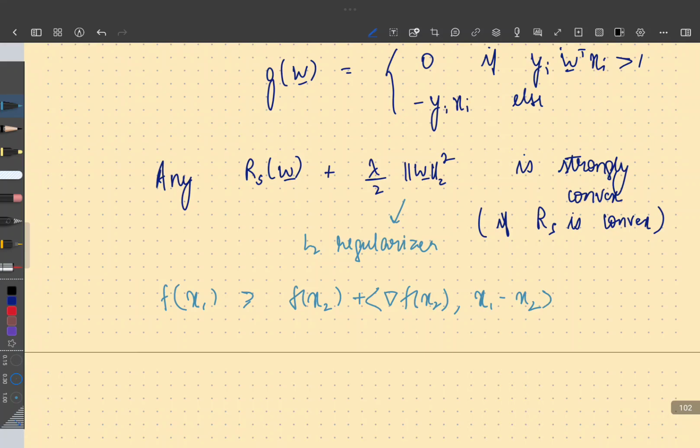So in other words, at every point, the function f is always going to be lower bounded by a tangent to the function, right? So it can always be lower bounded by some kind of a hyperplane. That's true for any convex function.